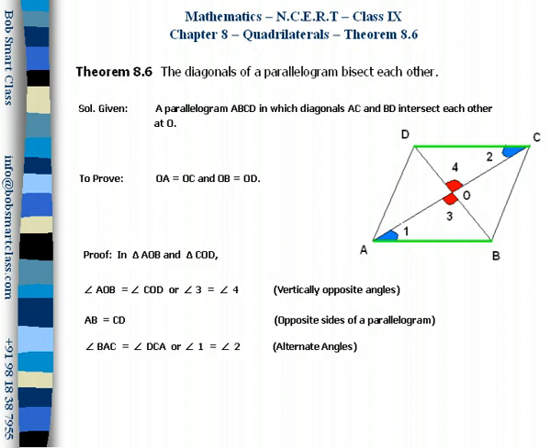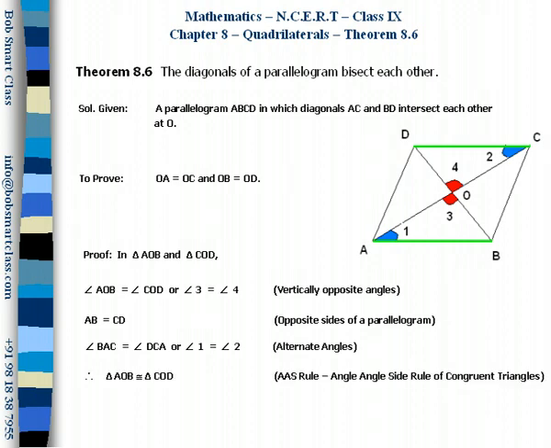Next, angle BAC equals angle DCA, or angle 1 equals angle 2, which are alternate angles of the transversal AC, which cuts the two parallel lines DC and AB of this parallelogram.